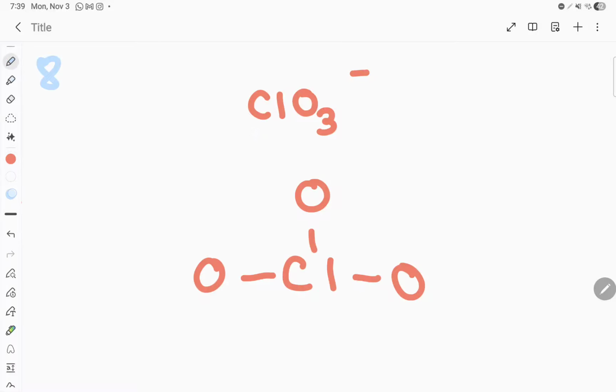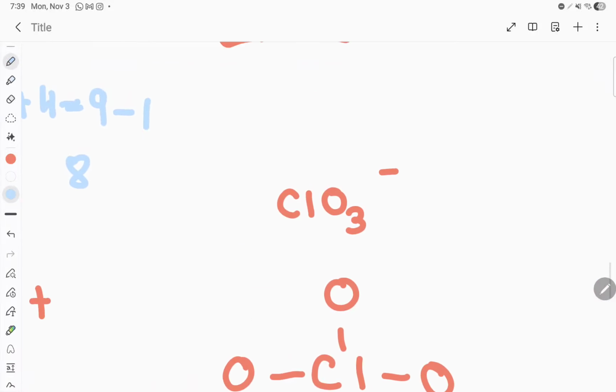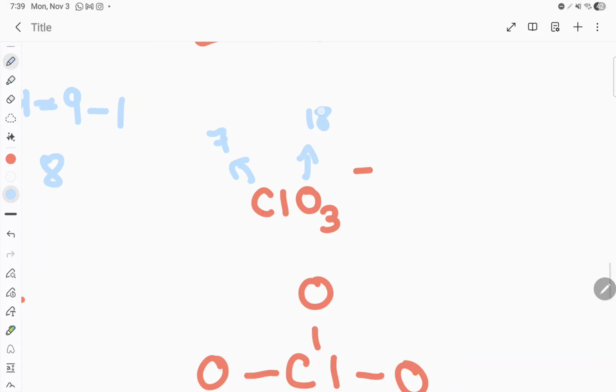We're gonna need to change the color to tackle it. So Cl is in group 7, O is in group 6, but we have 3 of it, so 6 times 3 is 18. And then you have a minus here, so you add 1. So 7 plus 18 plus 1. So it's 8 plus 18, which is gonna be 24.